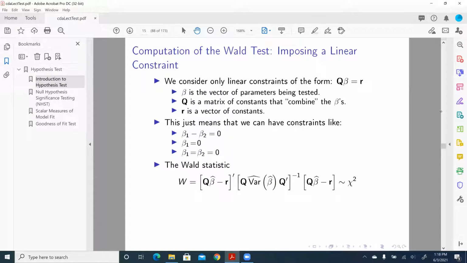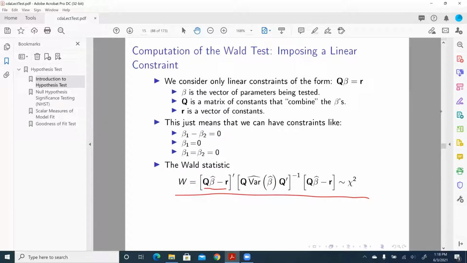And the Wald statistic, regardless of how many constraints we have, has this form for computation. So this is (Qβ̂ − R)′, that is the transpose of the matrix.